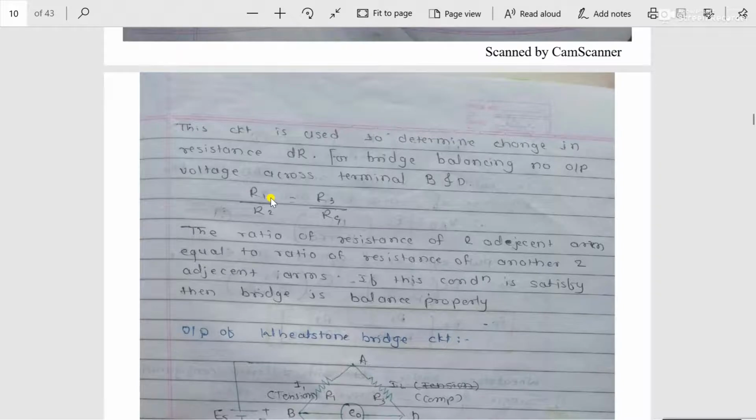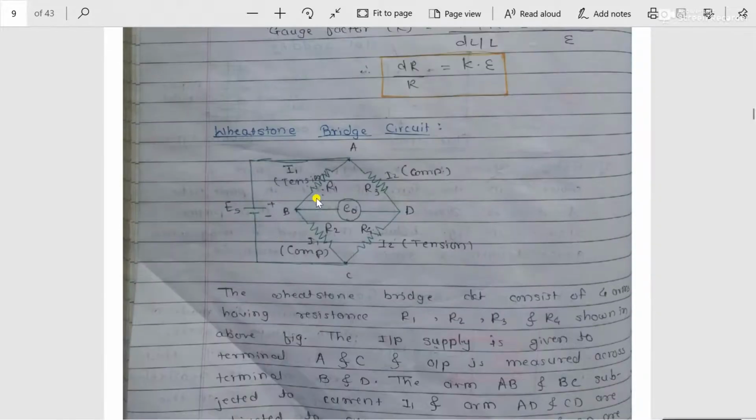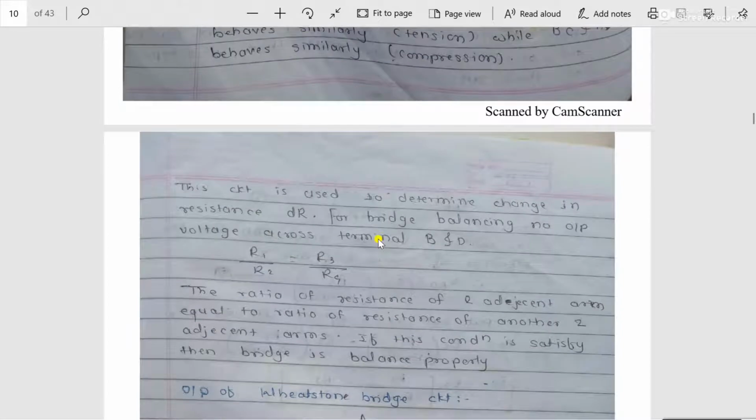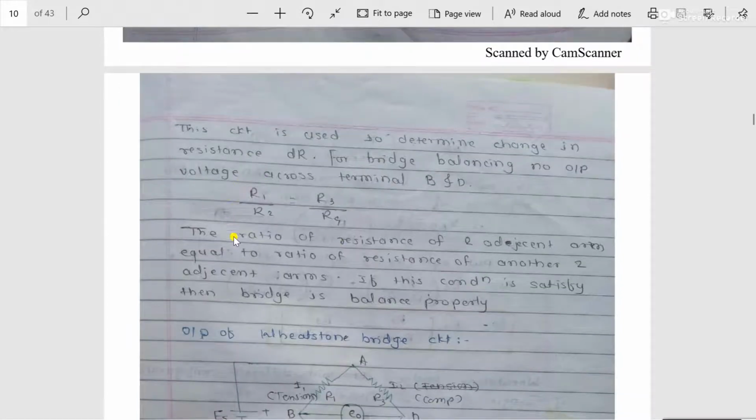That is why two adjacent arms, because if you go through the figure, R1 and R2 are adjacent to each other, and R3 and R4 are also adjacent to each other. To balance that bridge circuit, this condition should be satisfied by the Wheatstone bridge circuit.